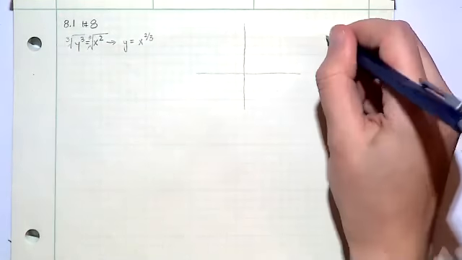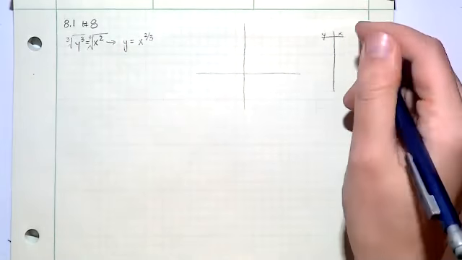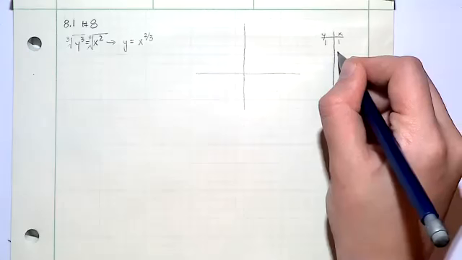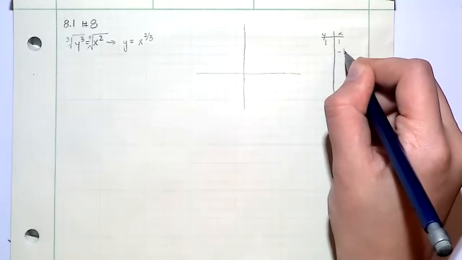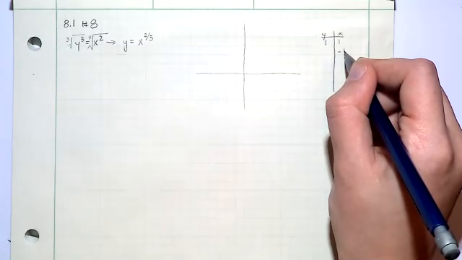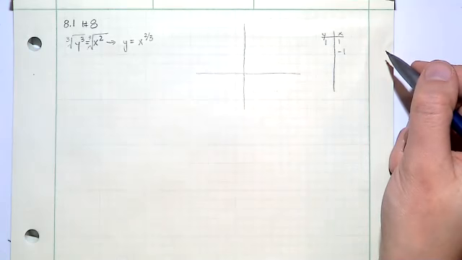Like such. Let's make a baby t table. If we have 1, our y is going to be 1. If we have -1, that's good. 2/3, this fraction, it's going to be negative.